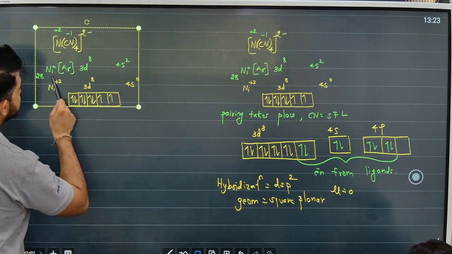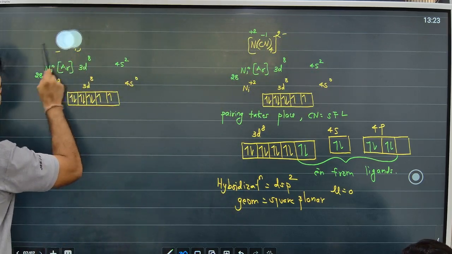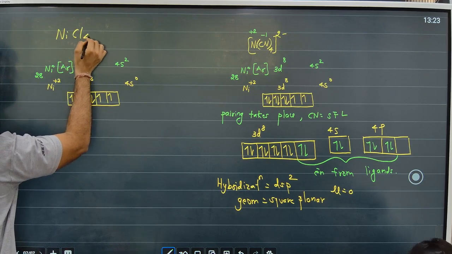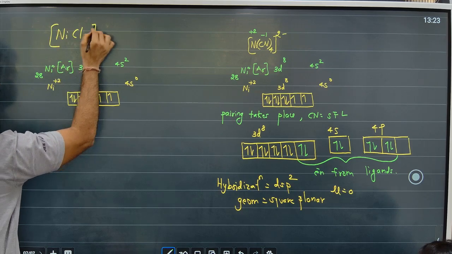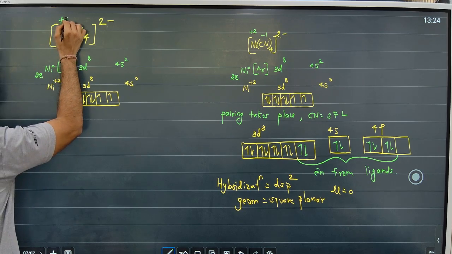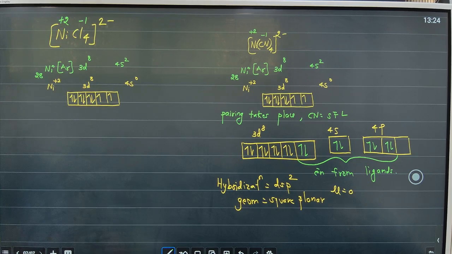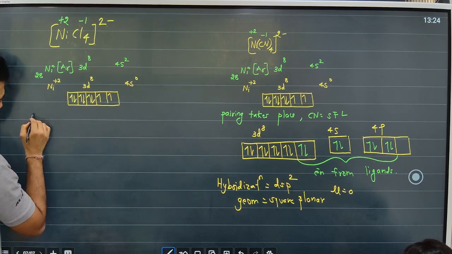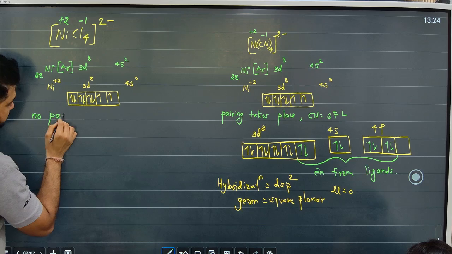Instead of CN, if I put NiCl4 2 minus, nickel is again over here plus 2, Cl minus 1. तो क्या डिफरेंस ऑब्जर्व करेंगे हम? स्ट्रॉन्ग फील्ड लिगेंड पेयरिंग, बट ओवर हियर नो पेयरिंग.